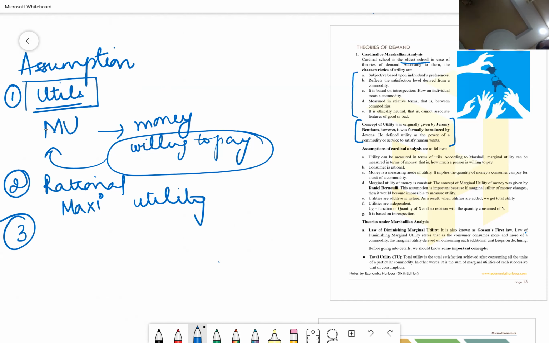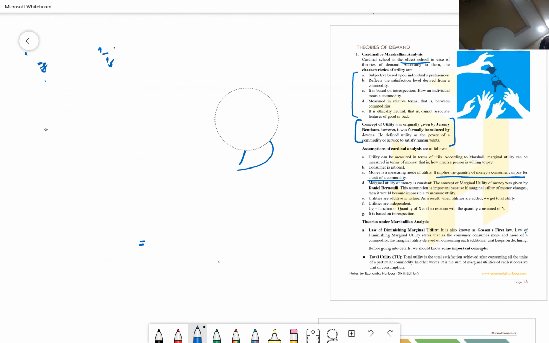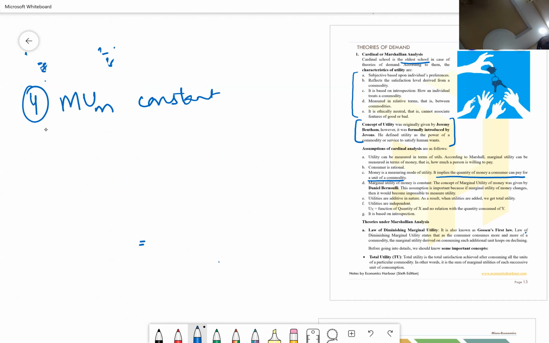Third assumption is that money is a measuring rod of utility, right? We measure utility using money. So it implies the quantity of money a consumer can pay for a unit of commodity. Fourth assumption is that marginal utility of money is constant in nature. You must note that the concept of marginal utility of money was given by Daniel Bernoulli.